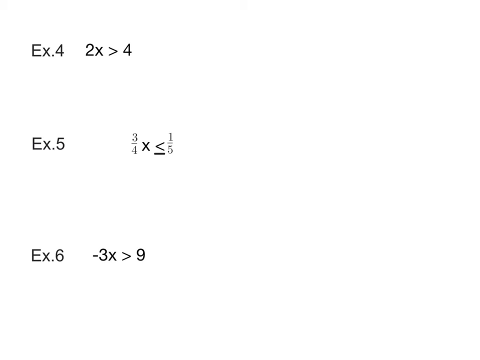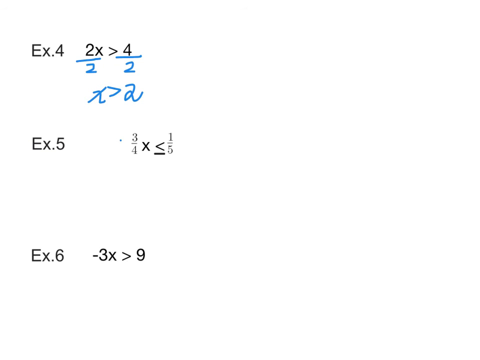For the first one, I'm going to divide by 2. Now I'm dividing, but everything's okay on this, and that's because I'm not dividing by a negative number. Here, x is greater than 2. In the next one, it's a fraction, but it doesn't make it any more difficult. We just need to undo it. For a fraction, you can divide by 3/4.